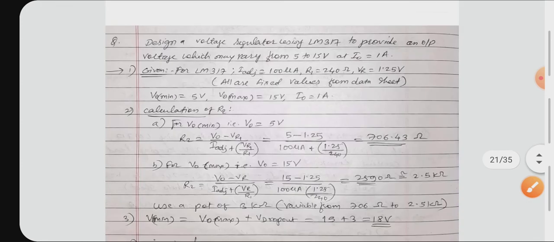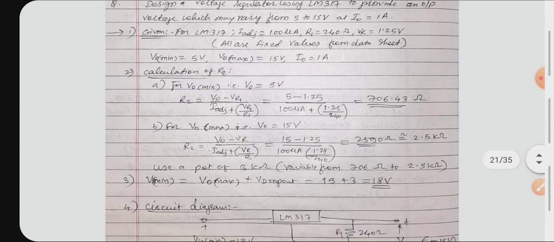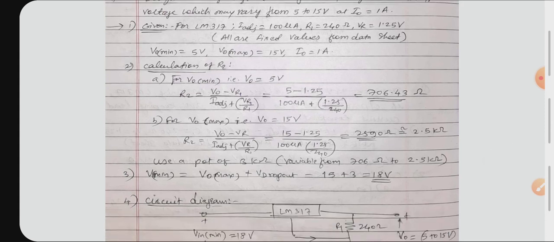Take down one problem. Design a voltage regulator using LM317 to provide an output voltage which may vary from 5 to 15 volt at IO equal to 1 ampere. So the variable output voltage is given, 5 to 15 volt. What is given?